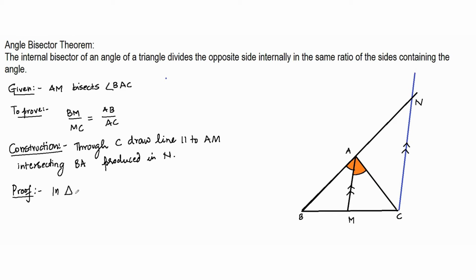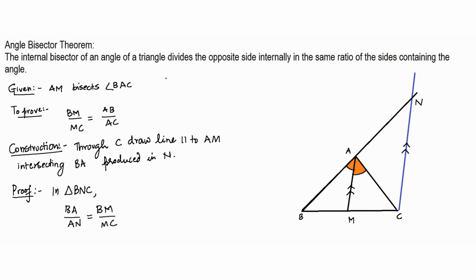In triangle BNC, I can say that BA upon AN is equal to BM upon MC, right? Again, the line segments AM and CN are parallel, so I am able to apply BPT in the whole triangle. And this is the equation that I get.